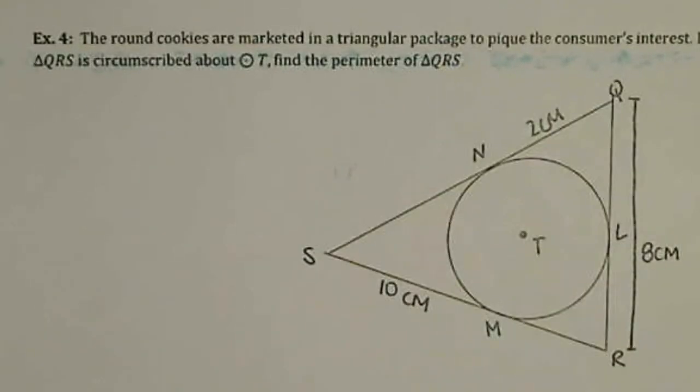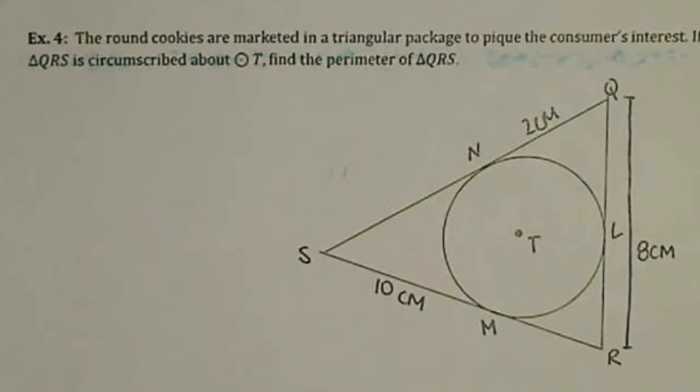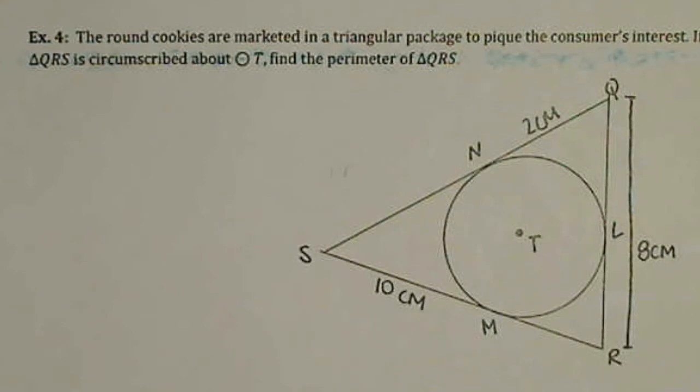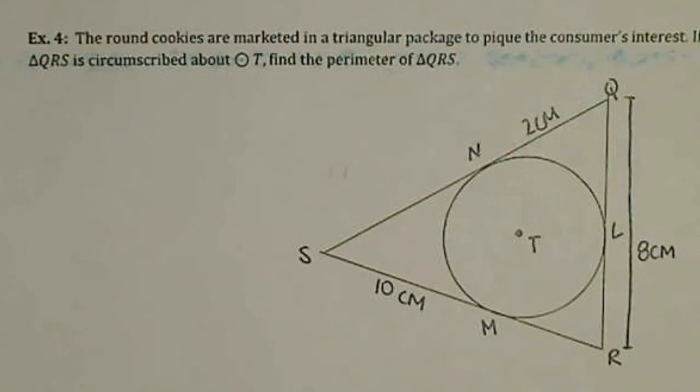Okay, last page. I'm going to use 3 different colors so that you can see all that I'm going to write. Okay, this uses theorem 10.11 also. Now, theorem 10.11, remember it says two tangent segments from a point outside the circle are congruent.